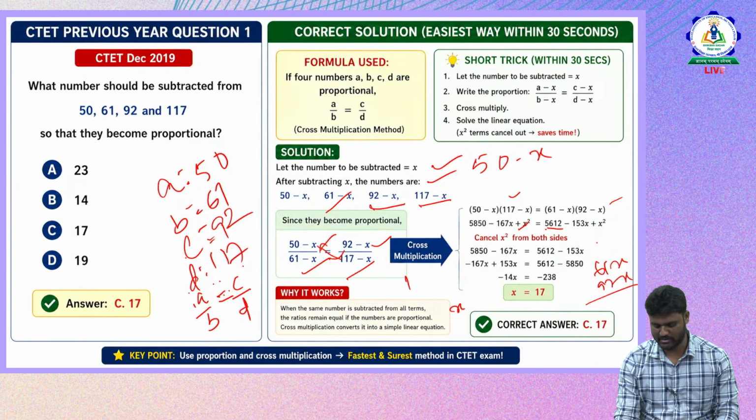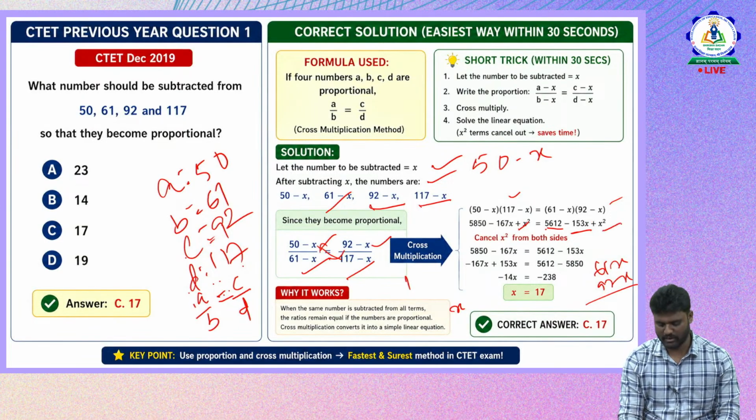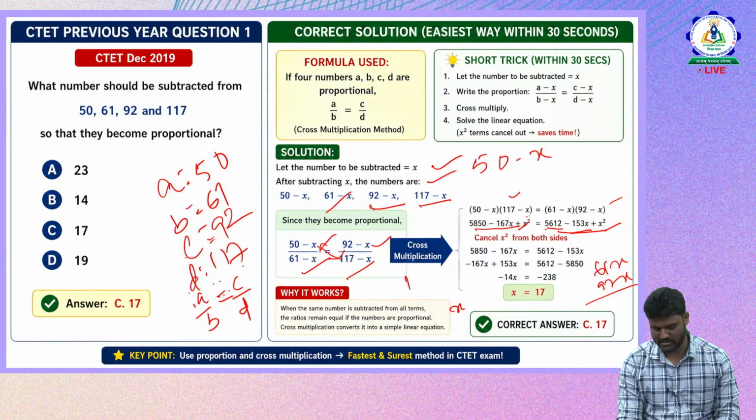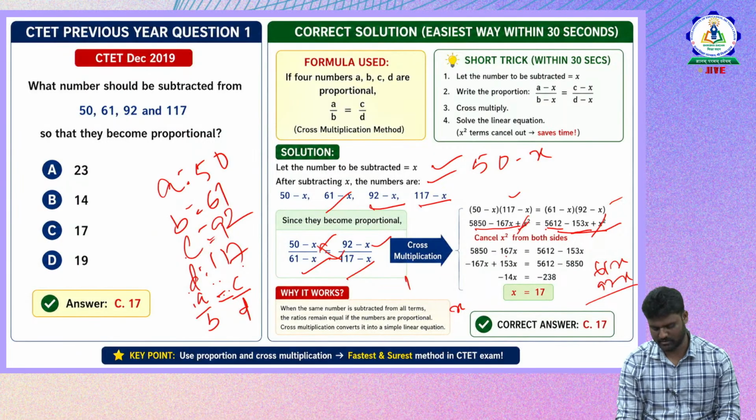Okay, so when you add these things, we'll get minus 153x, plus minus x into minus x, plus x square. So we have the LHS side this much, and the RHS side this much. Now what we have to do next, let us cancel x square and x square on both sides. Then we'll be left with 5850 minus 167x is equal to 5612 minus 153x.